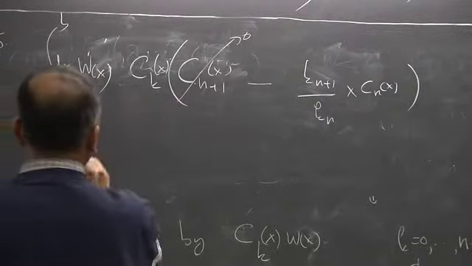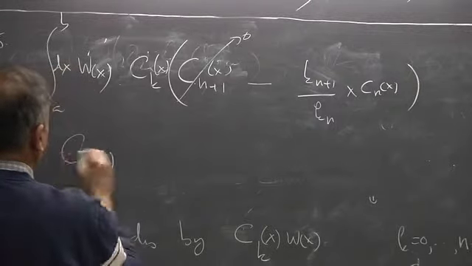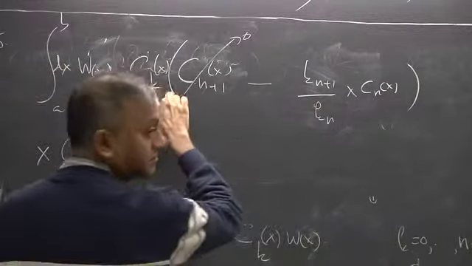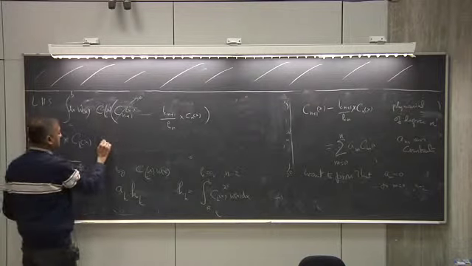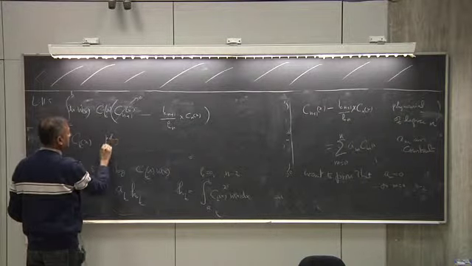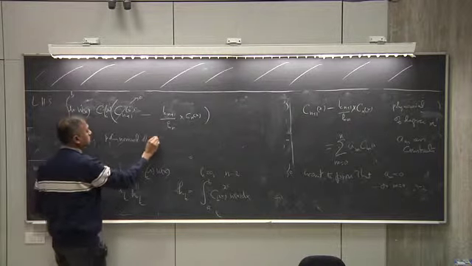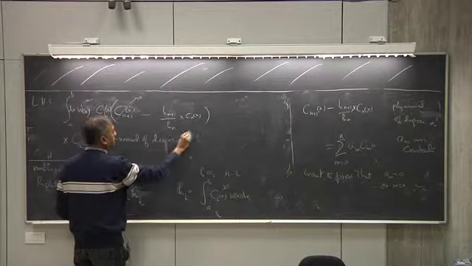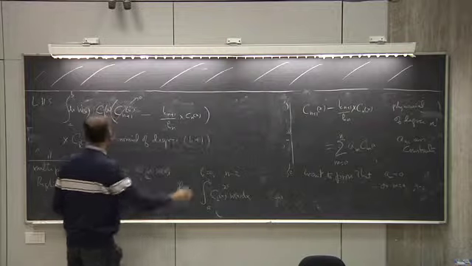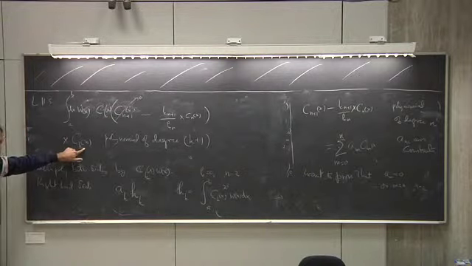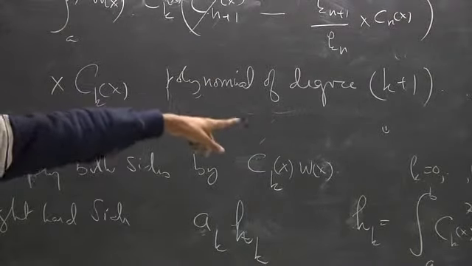Take c_k(x) times x: this is a k degree polynomial, and I'm multiplying by x, so it's degree k plus 1.